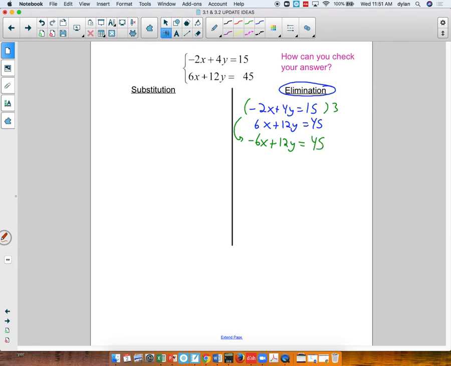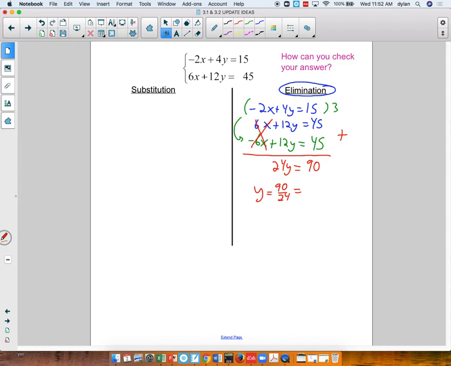Now, if I add these two equations together, we can end up with the x's eliminating, and we've got 24y equals 90. When we divide both sides by 24, we get y equals 90 24ths.